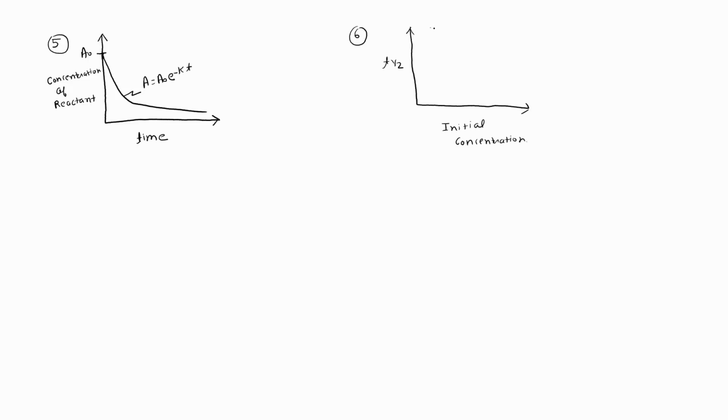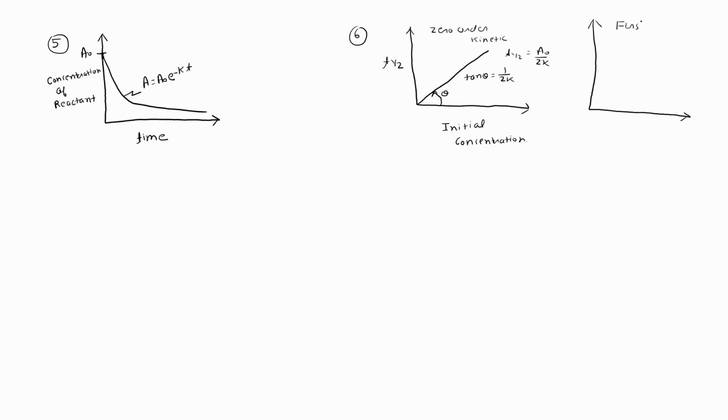For zero order kinetics, it should be an increasing graph. And if this is your theta, then tan theta is equal to 1 by 2k, because t half is a naught by 2k.